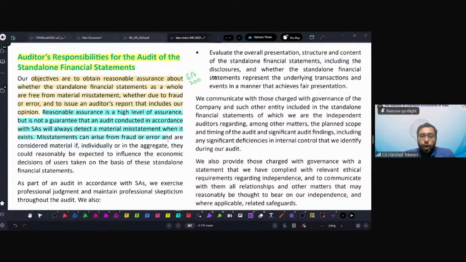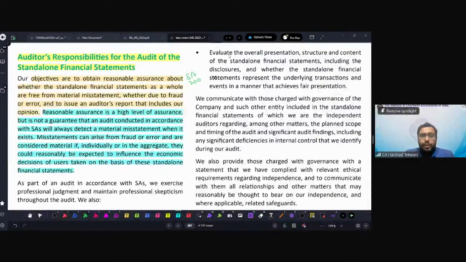Misstatements can arise from fraud or error and are considered material if individually or in aggregate they could reasonably be expected to influence the economic decisions of users taken on the basis of these financial statements. So again, this particular part where we are discussing reasonable assurance is not related to this standard only.